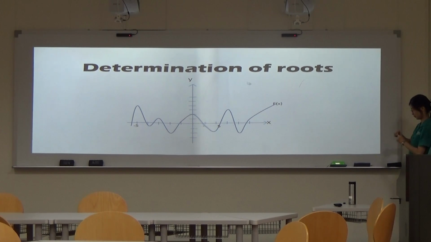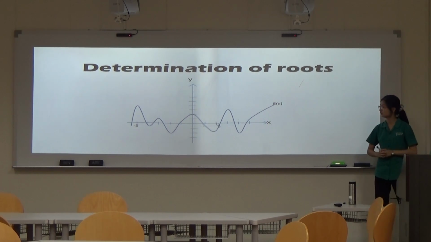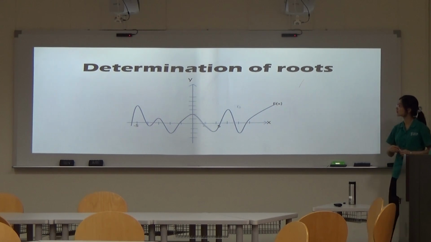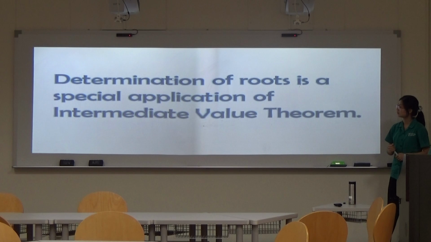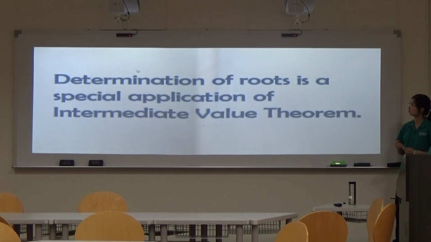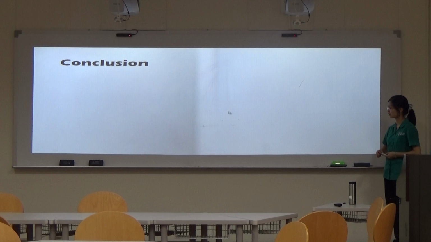My math teacher said that if you can find two y values, the y value at 2 is -1, and the y value at 3 is 3, so one is negative and one is positive, so there must be a root between 2 and 3. We all know that, so pass it. We know that the determination of roots is a special application of the intermediate value theorem.